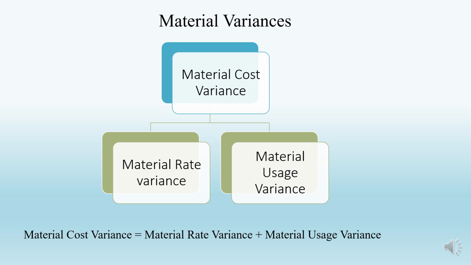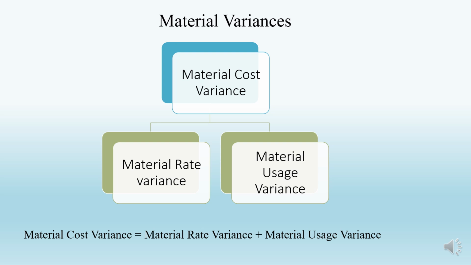How do we calculate? You will be given the data regarding the cost incurred, the standards as well as actuals. First you need to prepare a standard table and an actual table. This is very important when it comes to practical questions.